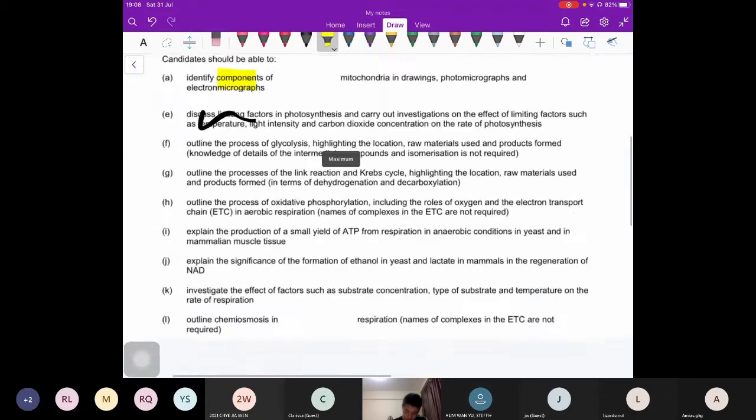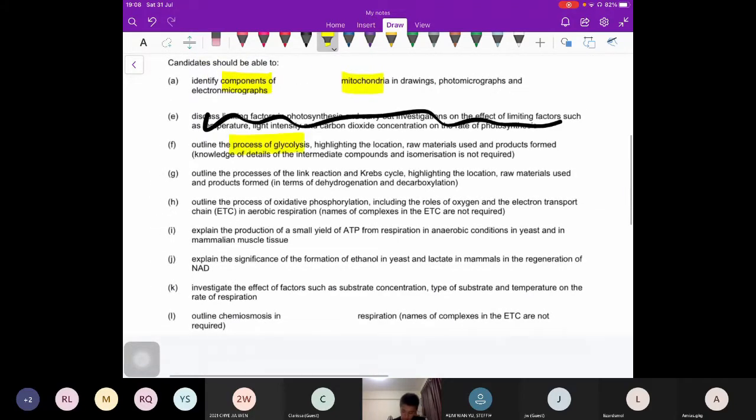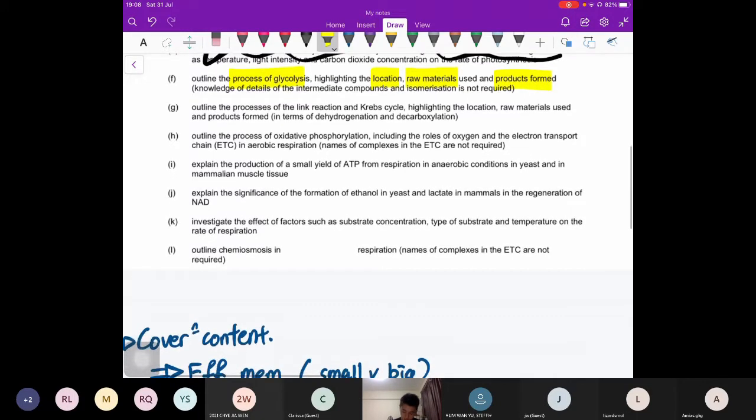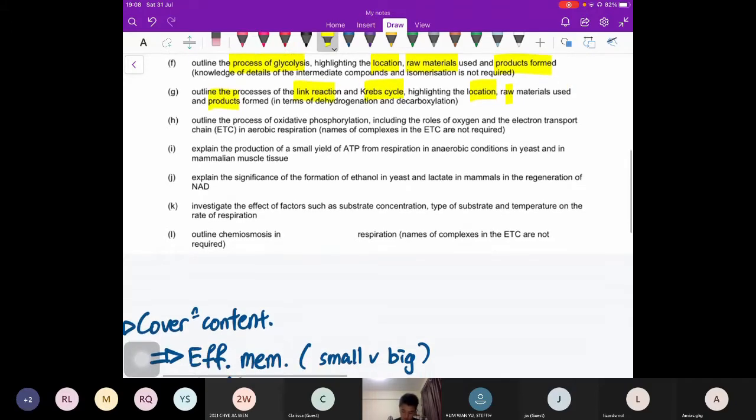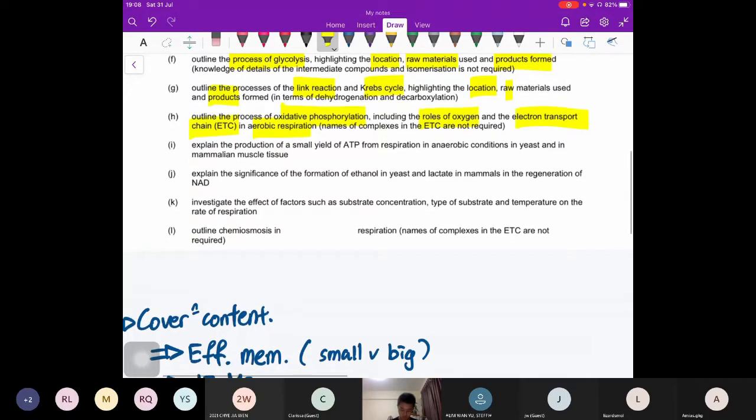You have to talk about the process of glycolysis: the location, raw materials needed, products formed. You also have to know the link reaction and Krebs cycle, again location, raw materials and products. And then OXPHOS, the roles of oxygen and the electron transport chain in aerobic respiration.